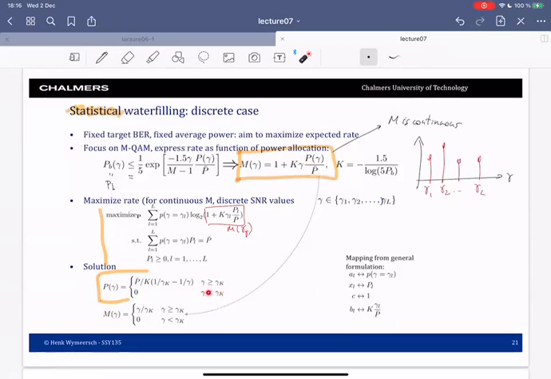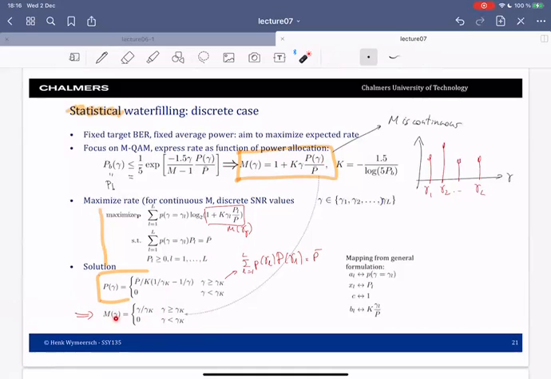And this cutoff value is chosen such that the sum for L from 1 to L of P of gamma L times P of gamma L is equal to the average power. So this is to make sure you meet the average power constraint. And then it follows immediately. You can plug this expression for the power into here and solve for M, and then you find the results for M. So this tells you how big of a constellation you should use for this signal to noise ratio.